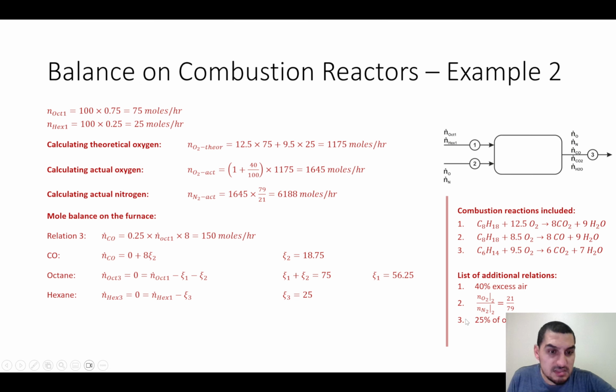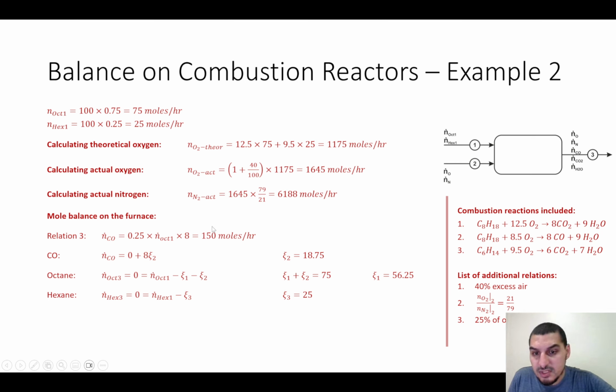So for this relation, we have that 25% of octane is burning incompletely. So I know the number of moles of octane that are contributing to this reaction. So I know all the octane is 75, and 25% of the octane, which is 0.25 times number of moles of octane in stream number 1, is going to be here, and I know that each one mole of them will produce 8 moles of carbon monoxide.